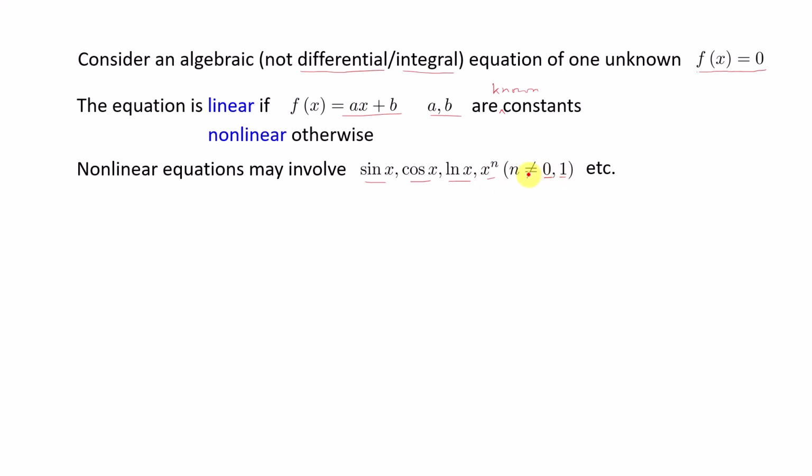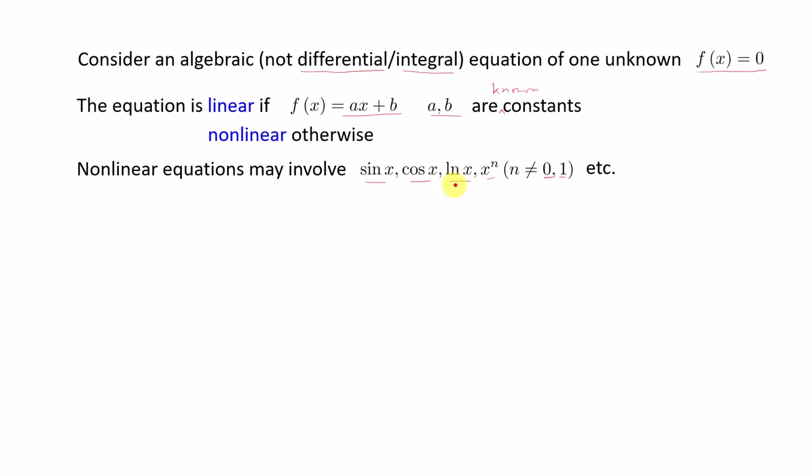That means in your equation you may get x square, x cube, root over x, etc. So when you get some of this kind of terms in your equation, then your equation is definitely nonlinear in nature. If you plot f(x) equals ax plus b, you get a straight line. But if you plot any such equation where you have such terms, you don't get a straight line. You get some kind of a nonlinear curve.